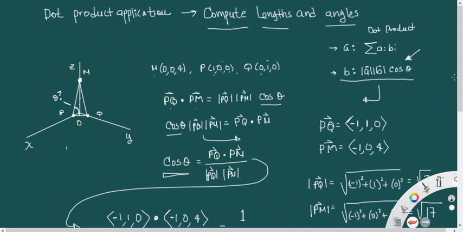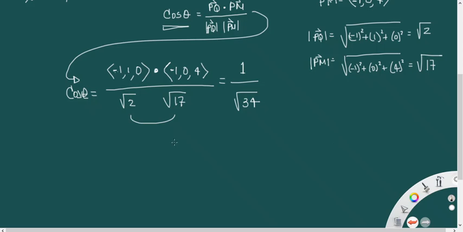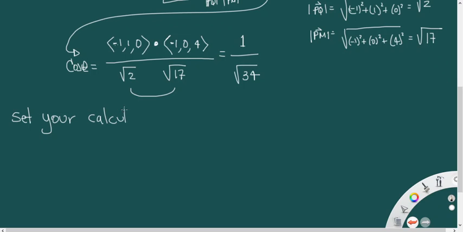You have these two expressions right there, and this is one of the applications of the dot product in vectorial calculations. My recommendation to you, from now and forever, is to set your calculators to radians.